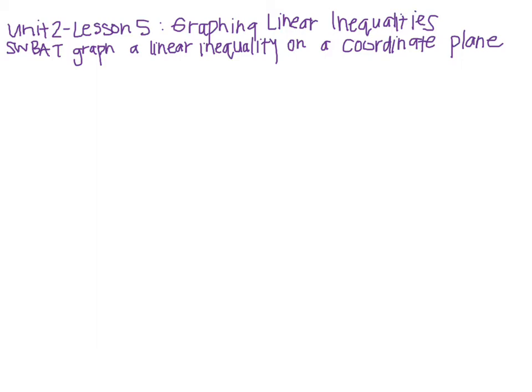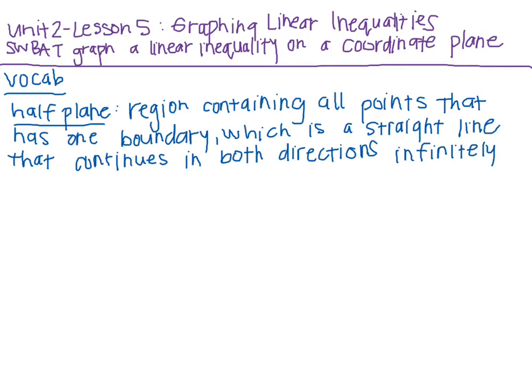Before we get into the steps, let's take a look at the vocabulary. Our first term is half plane, and a half plane is a region containing all points that has one boundary, and this boundary is a straight line that continues in both directions infinitely.